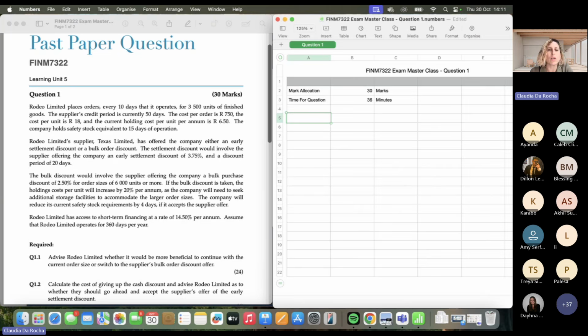Okay, so question 1.1 says, advise Rodeo Limited whether it would be more beneficial to continue with the current order size or switch to the supplier's bulk order discount offer. So immediately, before even reading the details of the question, if they're asking you for supplier's discount, we know that we are in Learning Unit 5. We know we're dealing with accounts payable.